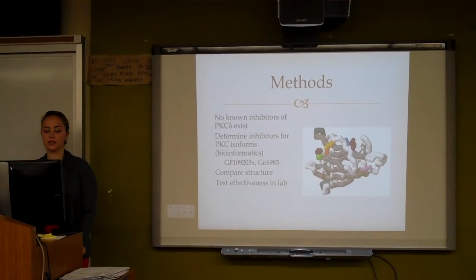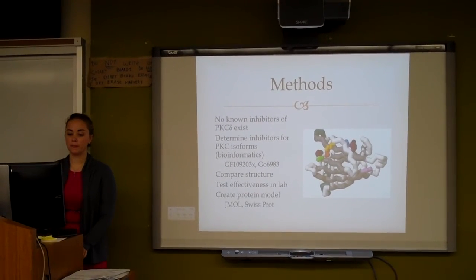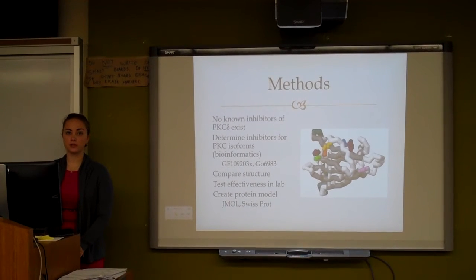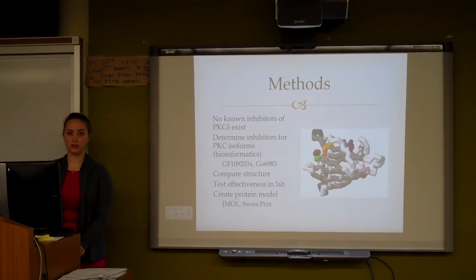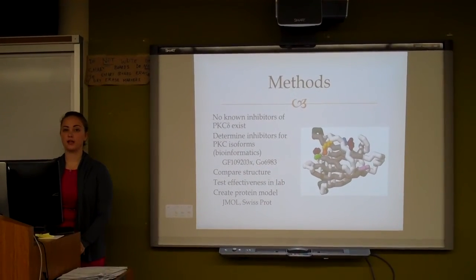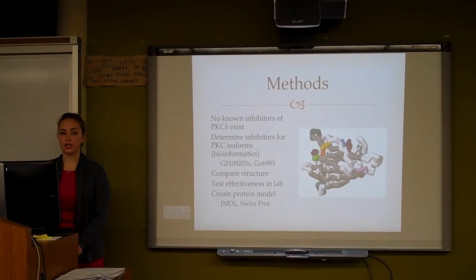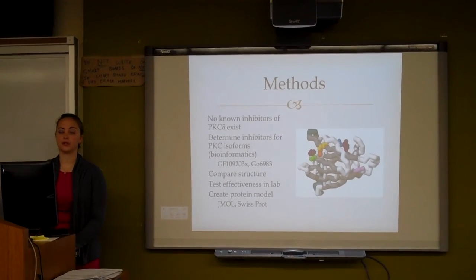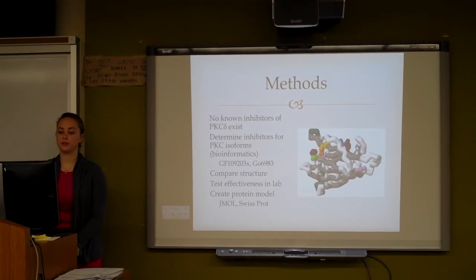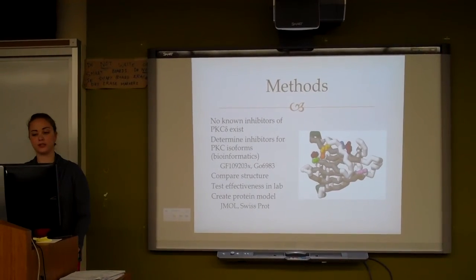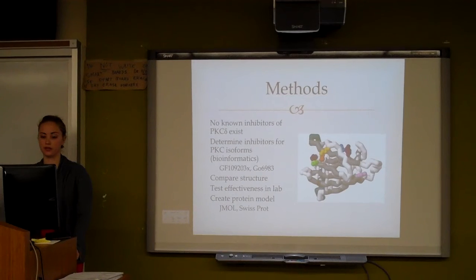And I'm going to do this with the use of a protein model using the programs JMOL and SwissProt, and this is going to allow me to overlay each isoform, and that will create a homology model which will allow me to determine whether or not the sequences are similar enough for binding to occur.